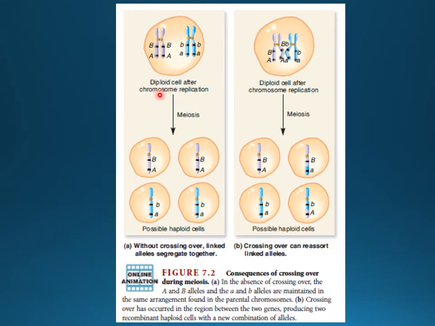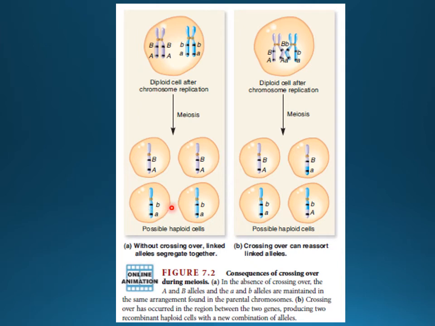And when a diploid cell after chromosome replication, and there is no crossing over because both alleles are linked to each other, you will see that they have the same alleles which are present on the parent, and it is transmitted in their gametes.